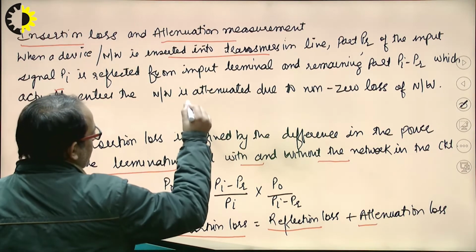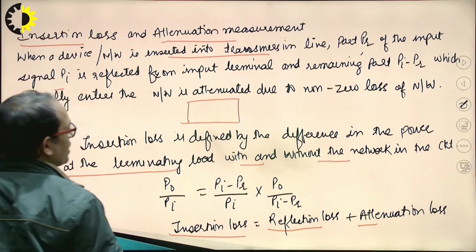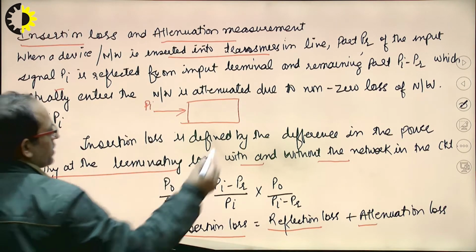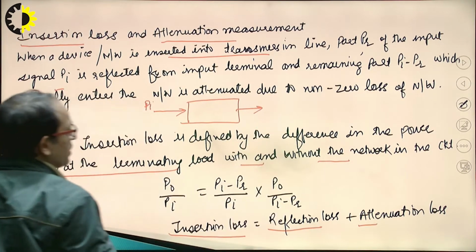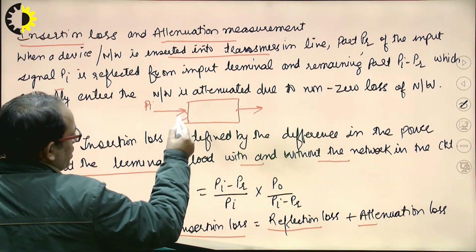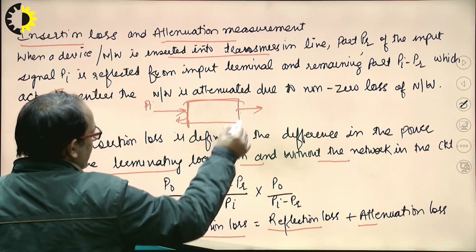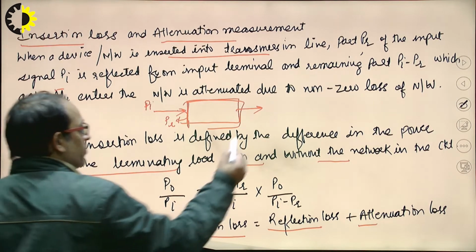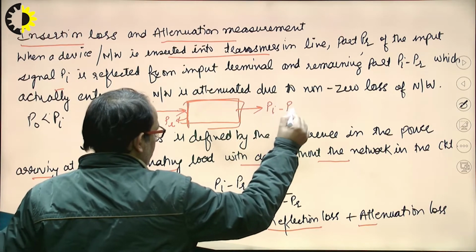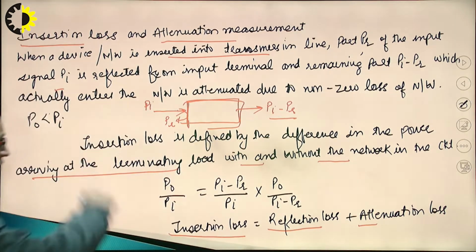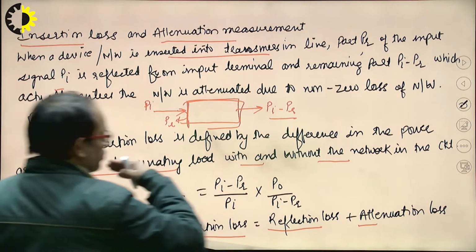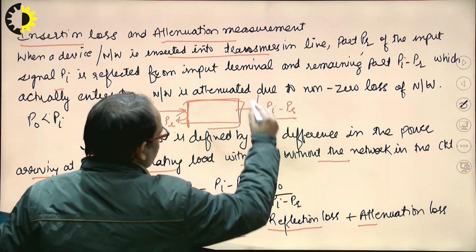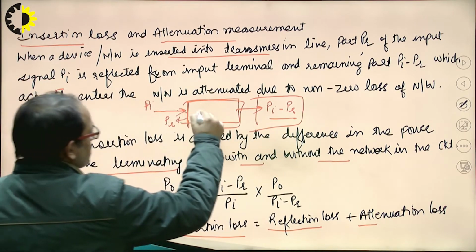Now if this is a device, I'm transmitting some power Pi, and some part is reflected back by this device, that power is PR, and the remaining part is transferred towards the load side, that is, obtained at the output of this device.